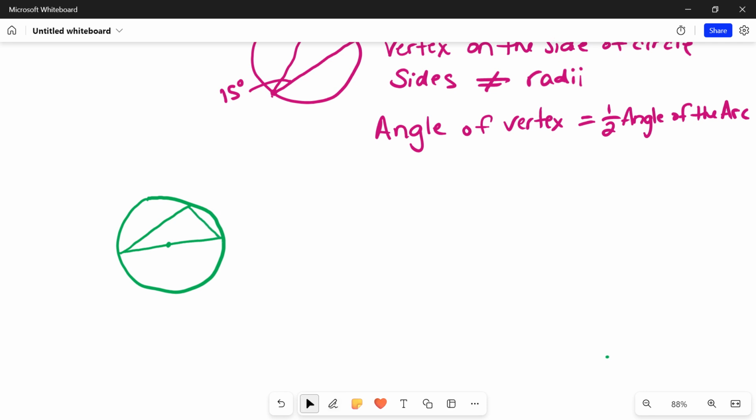This right here is a 90-degree angle. This right here is a diameter. So notice that's a diameter, and that's also the hypotenuse of that triangle.